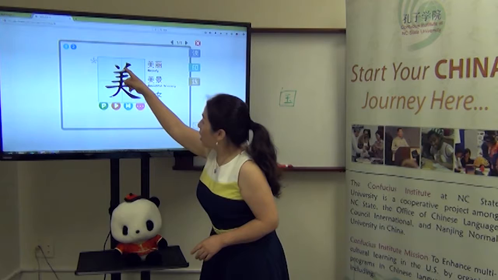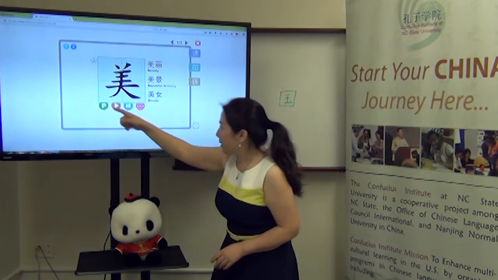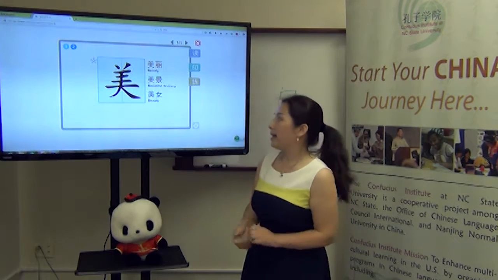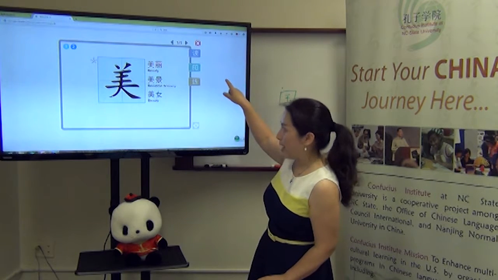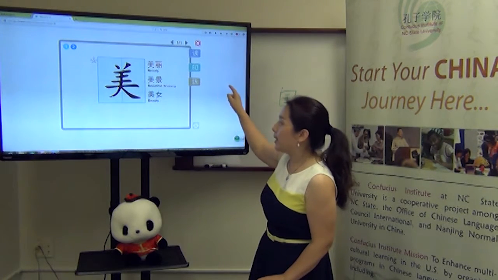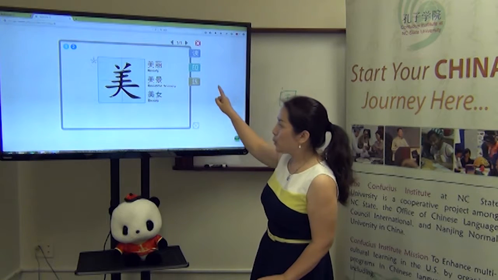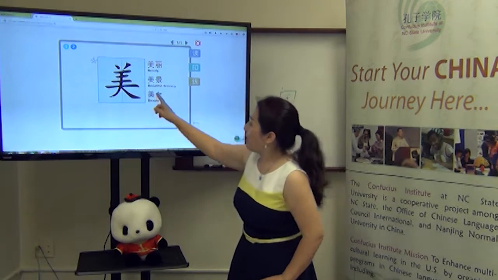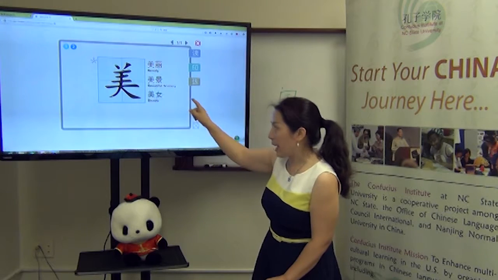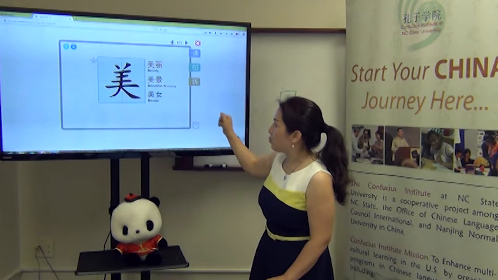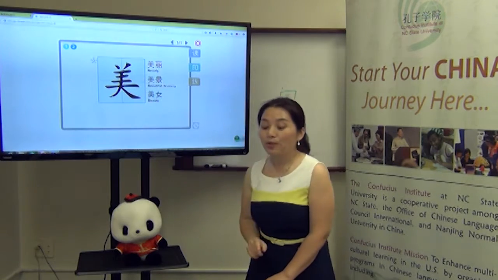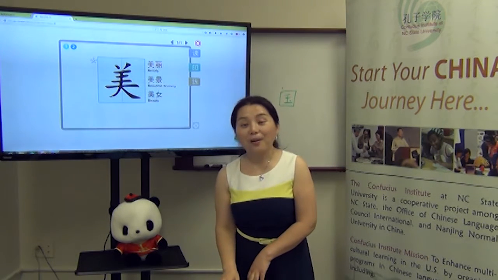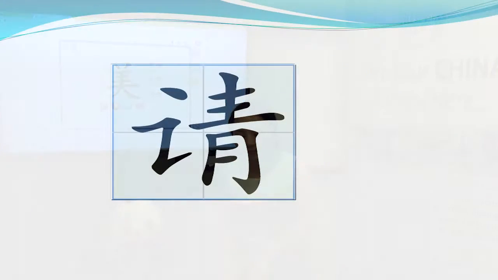This is not one stroke starting here; they are separate. Now let's write this 美 together. So we have 点, 撇, 横, 横, 竖, 横. And then for this large, the biggest stroke, the longest stroke, 横撇捺. Okay, so this is 美国.